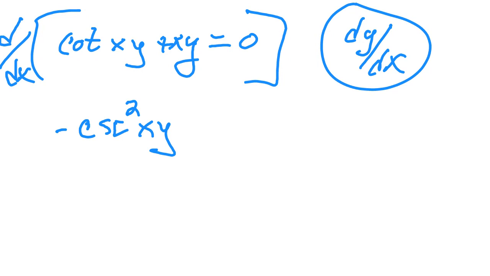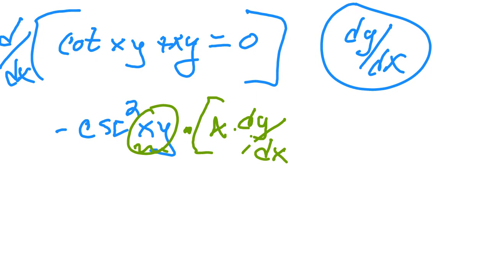So I take it times the derivative of x times y. Well, guess what? I've got to use the product rule. So it's the first times the derivative of the second, the derivative of y. You act like it's okay, so that'd be 1. But because it was a y, I attach a dy/dx. Plus the second, which is y, times the derivative of the first one with respect to x. The derivative of x with respect to x is 1, so y times 1, or just y.